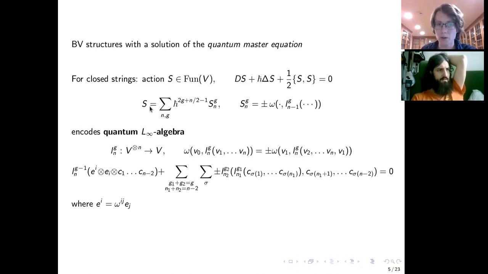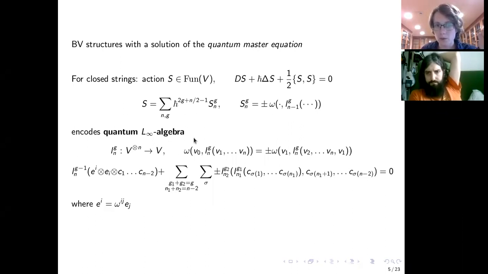And if you look at the components of this action for each m and g, like the number of punctures, or correspondingly the powers of the vector space, and the g, which corresponds either to the ħ powers or to the geometrical genus of the surfaces, you can rewrite these components of the action as symmetric functions l_{g,n}.